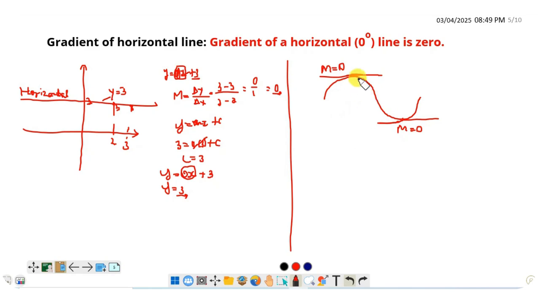Now to find the gradient you need a point on a line. But now this is a tangent, it only touches the graph once and we don't know the point. How can we find the point where the tangent touches?